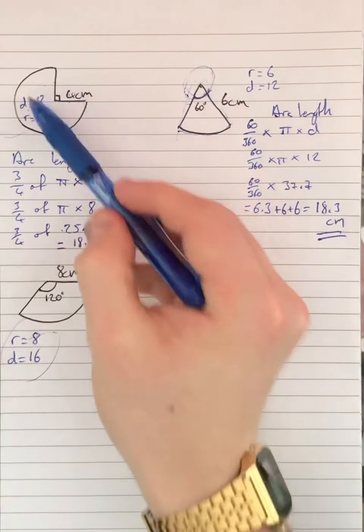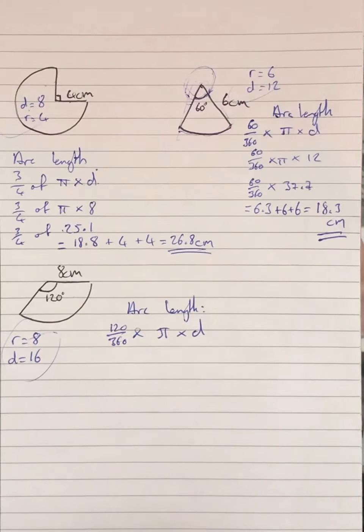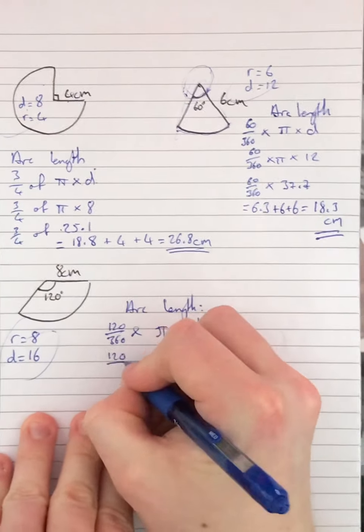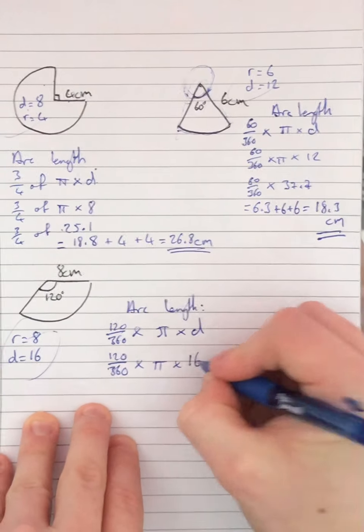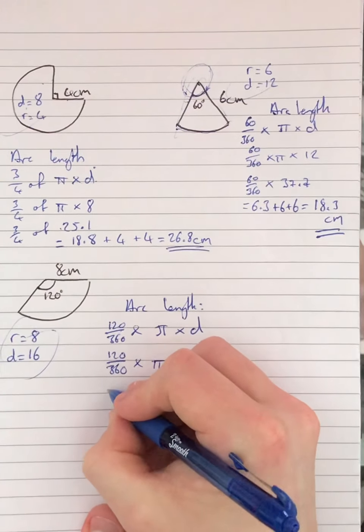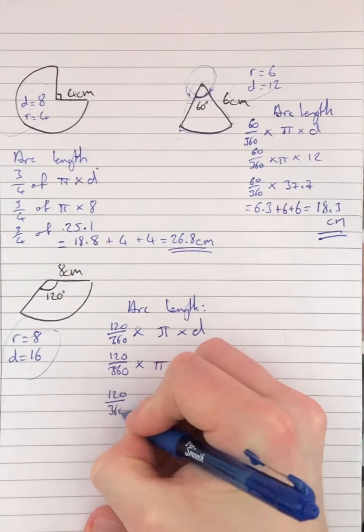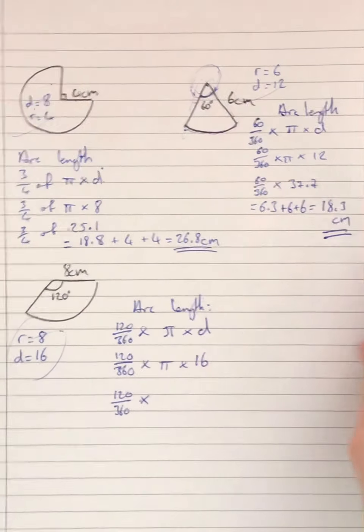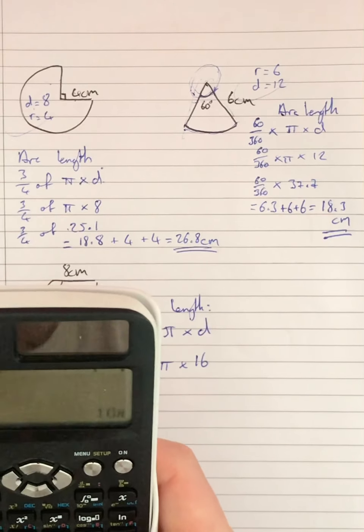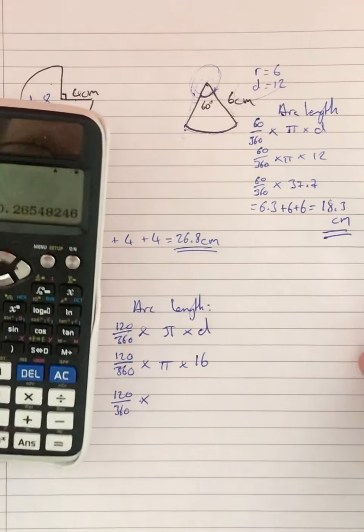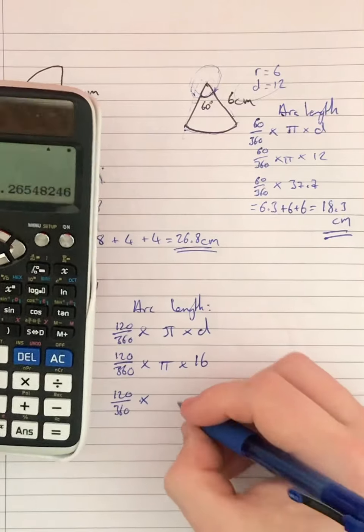This step here stops me making any daft mistakes. So, I can now substitute in my diameter. So now I need to do 120 360ths multiplied by 16 pi. Now 16 pi, I'm just going to use the calculator for, is 50.3.